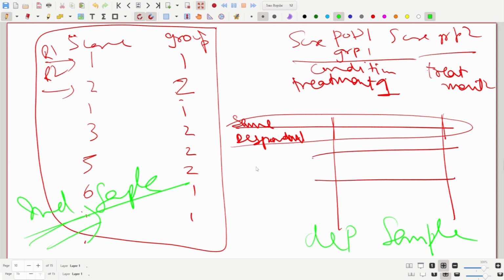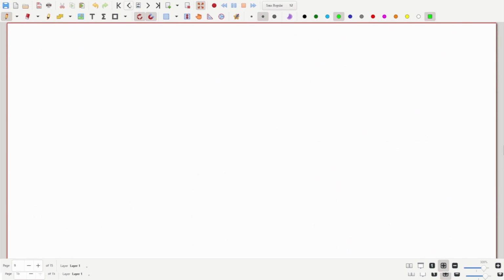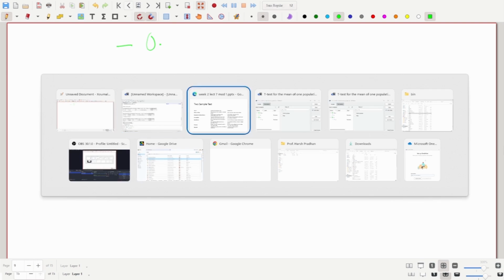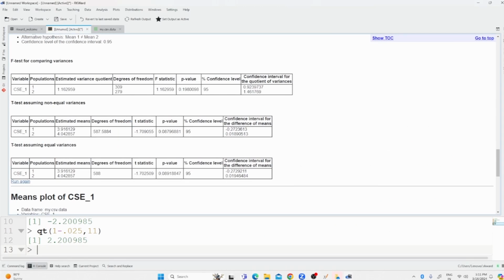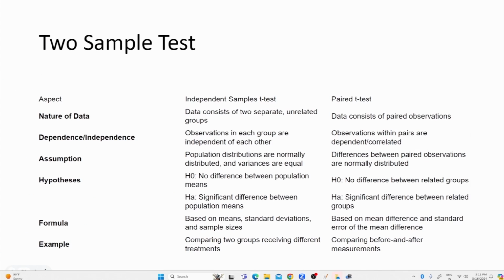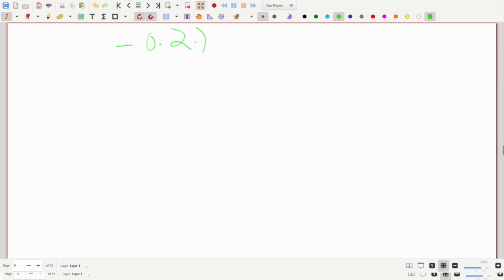The confidence interval which we are talking about is minus 0.1 to 0.272001. So there is 0 in between.